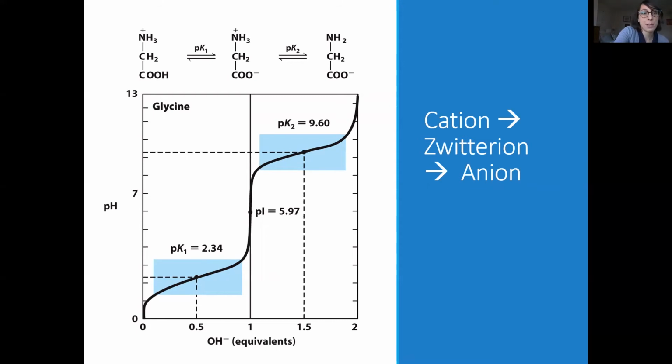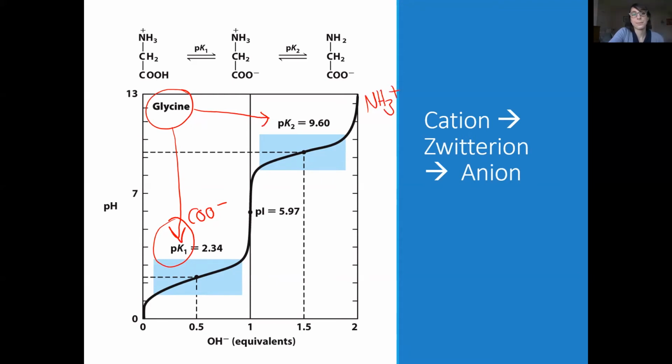So again, all amino acids are going to have these two pKa's, one for the carboxylic acid group and one for the amino group. So they'll have two buffering areas, two pKa's, and they'll have a curve that looks like this.